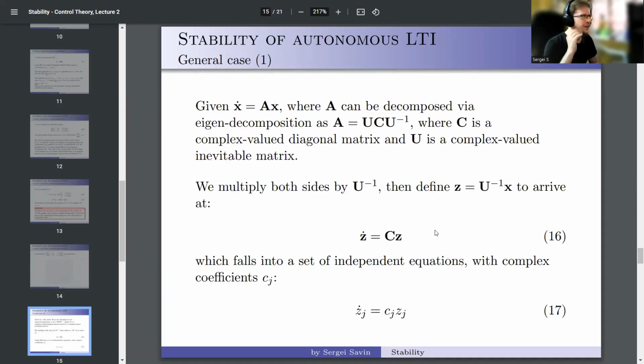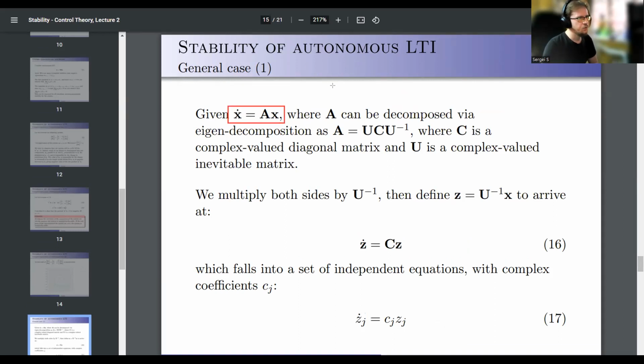Now, very quickly, I will show you how you can generalize this result. I will go very quickly because it's not something very important to memorize. It's just nice to see the connection. So consider the system x dot equals Ax, what we saw before, where A can be decomposed via eigendecomposition into this thing, where C is a complex valued diagonal matrix and U is a complex valued invertible matrix.